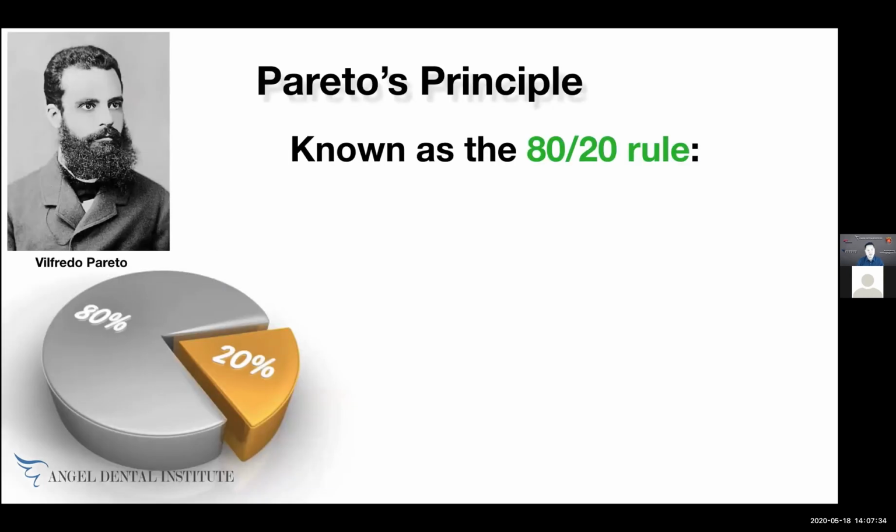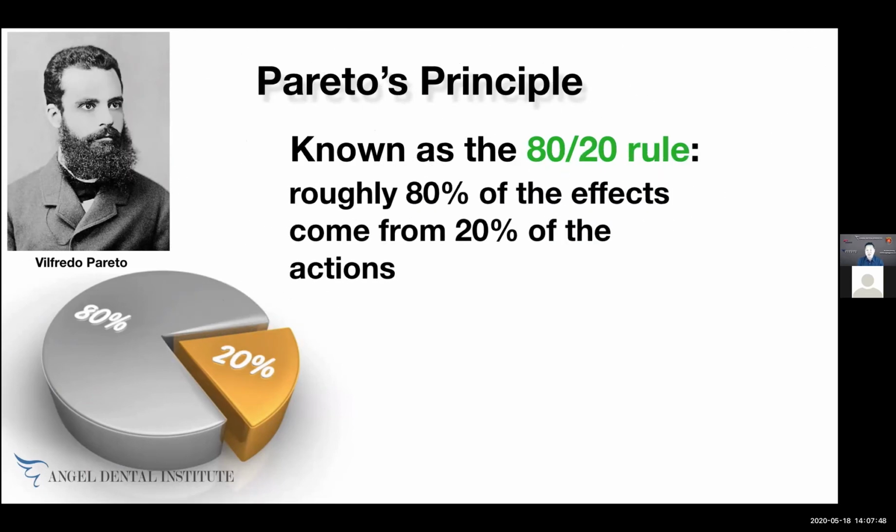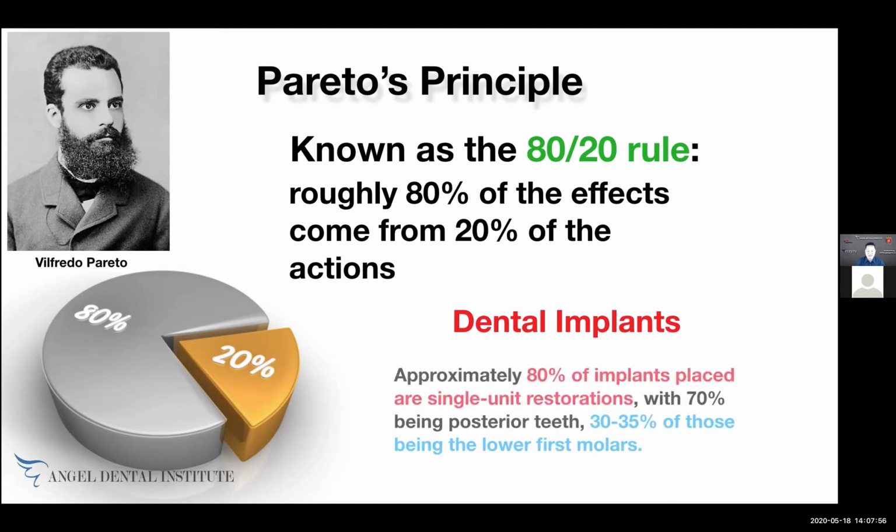Okay? I'd like to inform you about Pareto's Principle by Vilfredo Pareto, an Italian man, also known as the 80-20 rule. This says roughly 80% of the effects come from 20% of actions that we do. In dental implants, look at this.